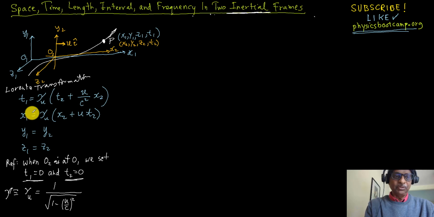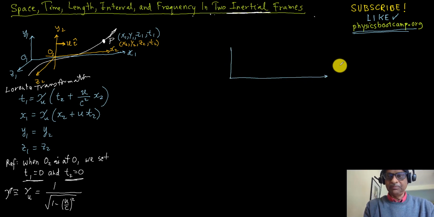Okay, so just look at one frame. So let's look at this fixed frame. So you have x1 axis, y1 axis, and z1 axis, and O1 is just fixed here. What we'd like to have is time.